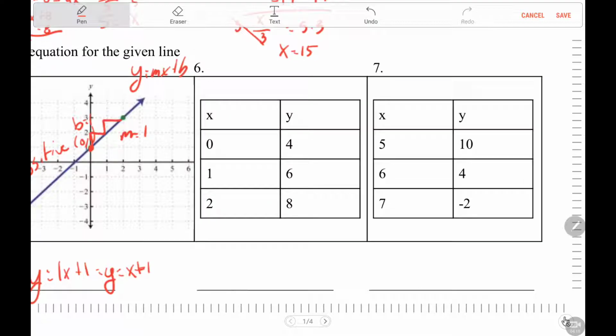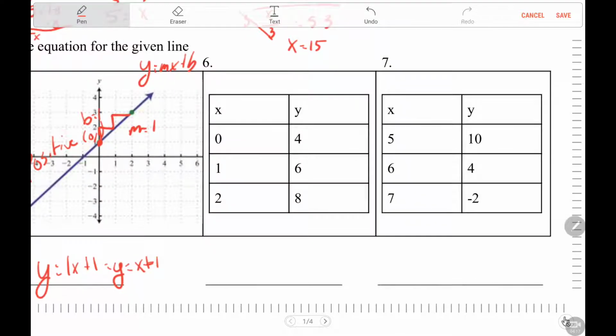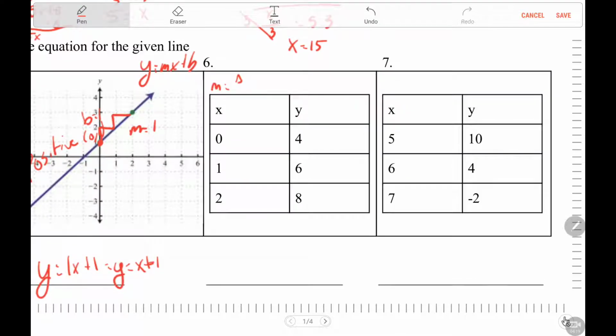When you're looking at a table, remember again, you need two things. m is the change in y over the change in x, and then the y-intercept is when x equals 0. Well, we have when x equals 0, so this right here is your y-intercept.